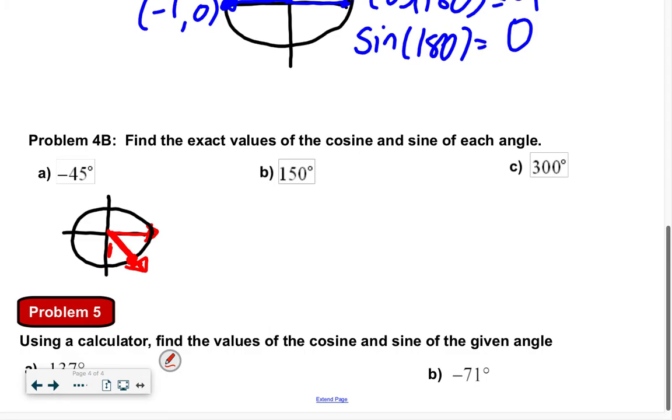I know this angle inside here is how much? 45. Make your right triangle. Kind of already did this one. What is this leg? It's shorter than my 1, right? It's square root of 1. Square root of 1 is 1.